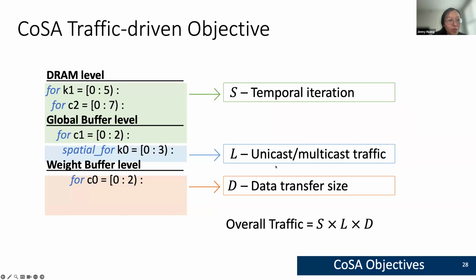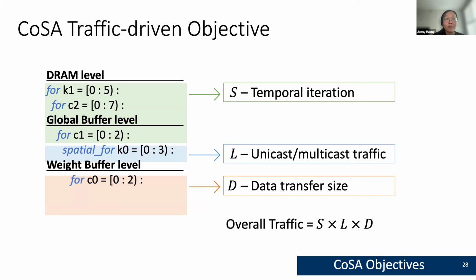The next thing we need to consider is whether this traffic is unicast or multicast. If my rank, if it's k, is relevant to my weight, that means this traffic is unicast, because we're sending separate items of the weight array to each of the weight buffers.